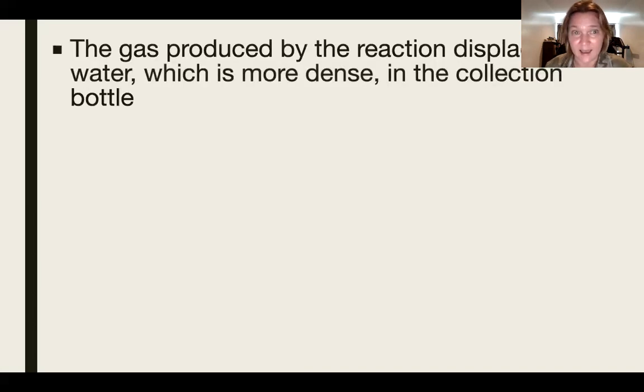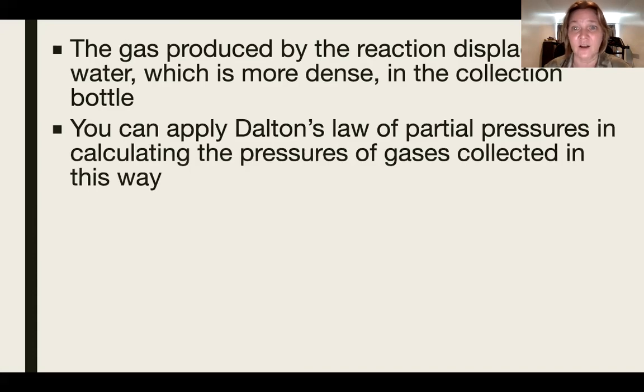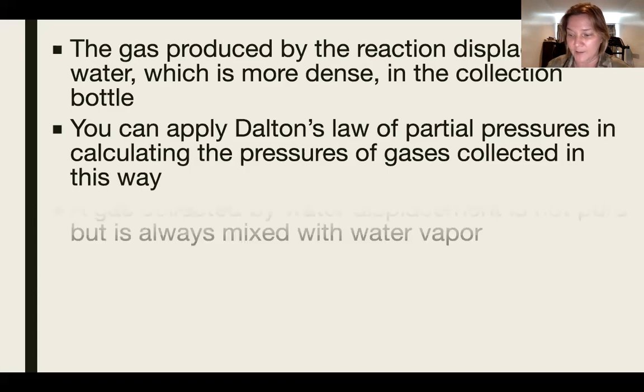The gas produced by the reaction displaces the water, which is more dense, in the collection bottle. And you can apply Dalton's law of partial pressures in calculating the pressures of gases collected in this way.